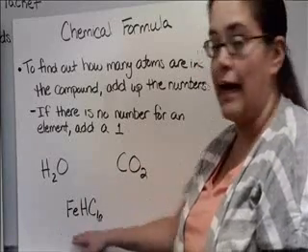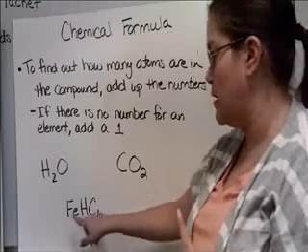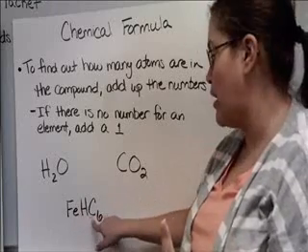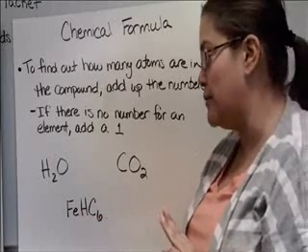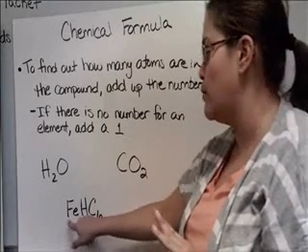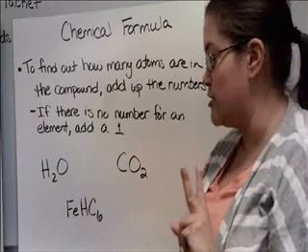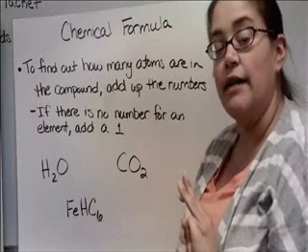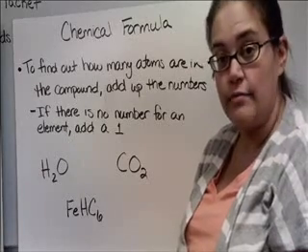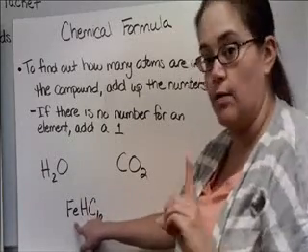And then lastly, I kind of made this one up, we have iron, hydrogen, and carbon. You count the capital letters. You don't count this little e because it goes along with iron. So 1, 2, 3 types of elements: iron, hydrogen, carbon. How many total atoms are there? Well, there's no number next to iron, so that's 1.